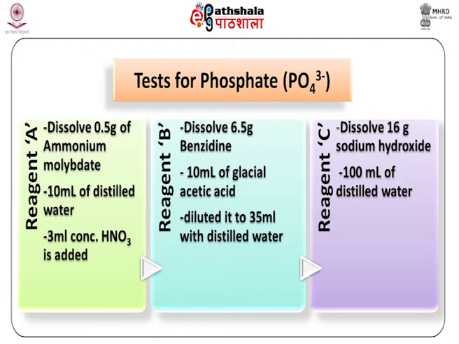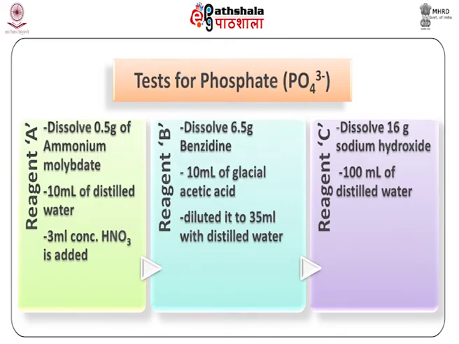Reagent B. It is prepared by dissolving 6.5 grams of benzidine in 10 ml of glacial acetic acid and diluted it to 35 milliliters with distilled water.